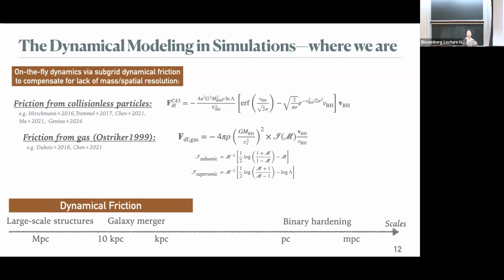So what we do is we also run simulations with higher resolution, put in black holes and let them sink, and we try to see what parameter goes into it, so you can recapture the orbit shrinkage of the black hole. And you tune the ln lambda to the high resolution simulation.